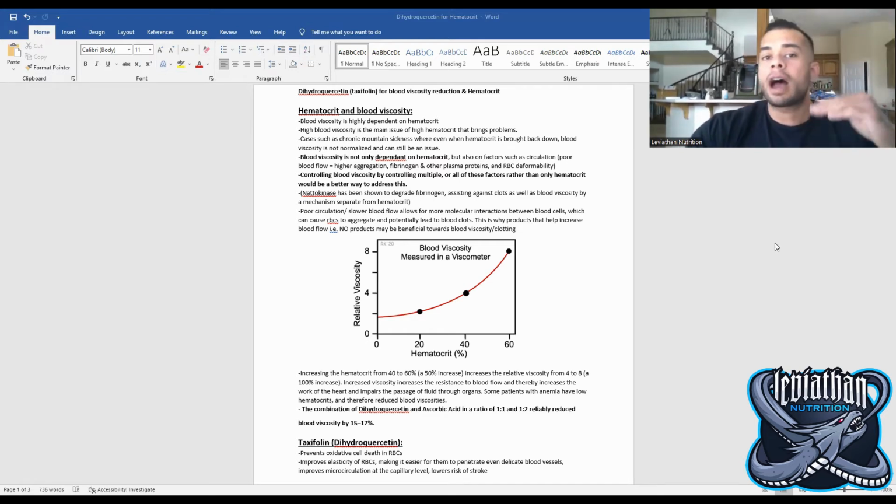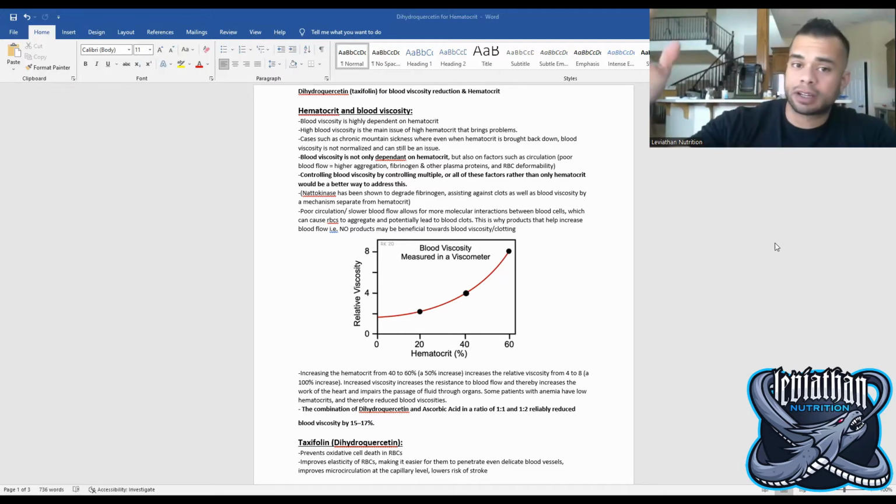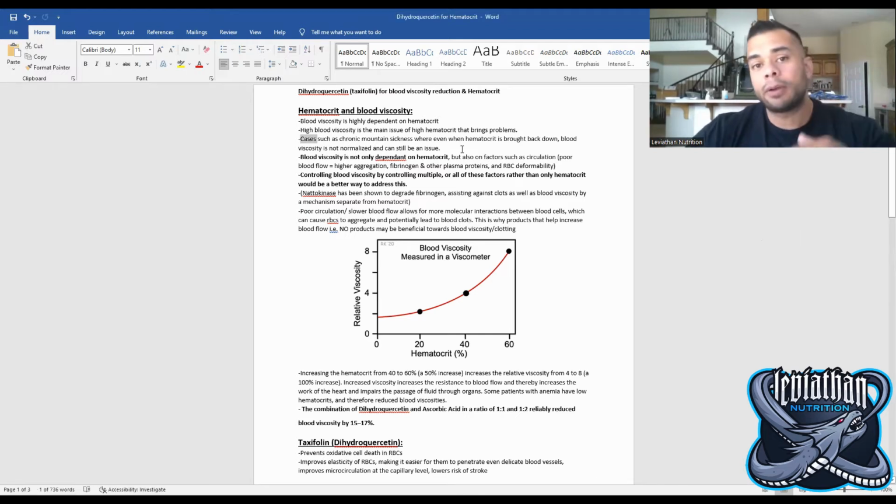So usually the higher blood viscosity is, the higher hematocrit is, and once your hematocrit goes up, your blood viscosity will also go up. But there are some cases where there can be an exception where you can bring down hematocrit and you still have high blood viscosity due to other factors.